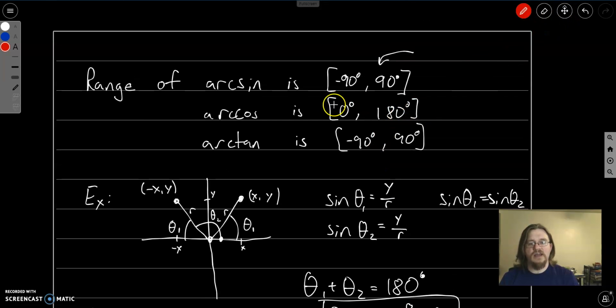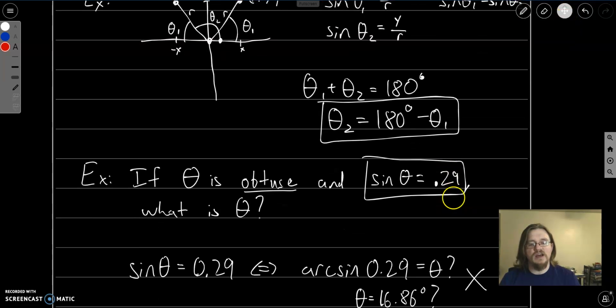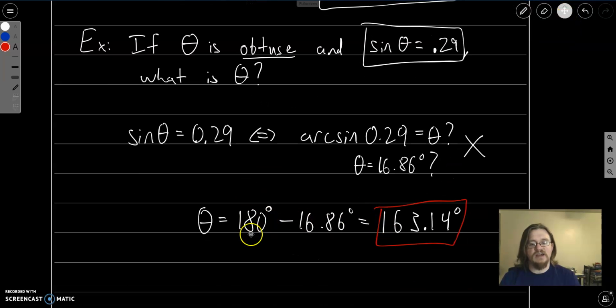Cosine, on the other hand, everything is good. The arc cosine will spit out angles between 0 and 180 degrees, so we don't have to do any tricks with arc cosine. The only thing that we have to worry about is arc sine. If we want an obtuse angle, we're going to have to take 180 minus that angle. And I'll do some more examples where this shows up in the next video.